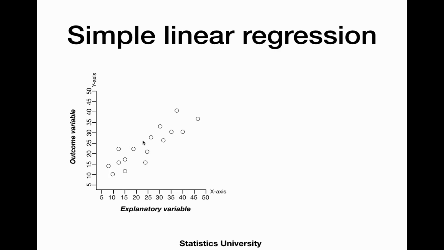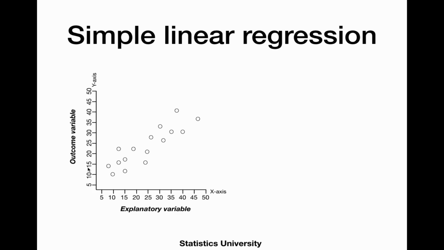And all the scatters here are values of observations in our cohort. So it means that, for example, here at x is 10, we have an observation with outcome is 10. And here at x is 25, we have an observation of y is 20 or slightly more than 20.